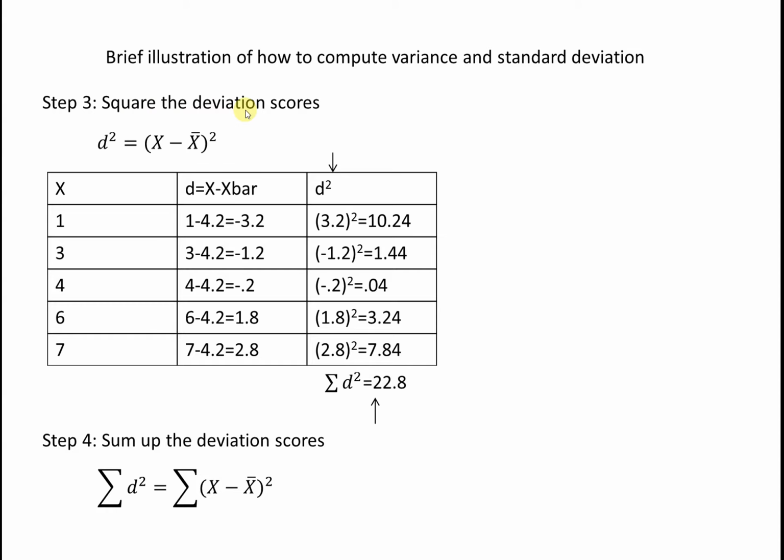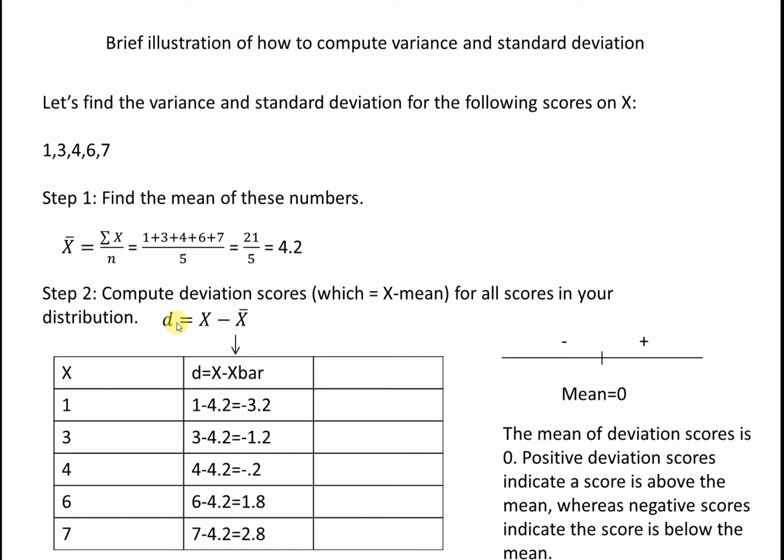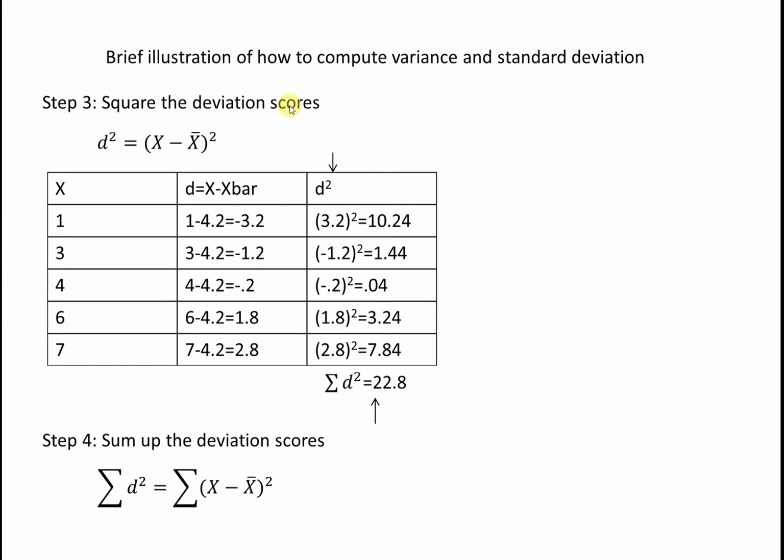So we square the deviation scores that we computed in this step right here. We're now computing d squared, where d is the deviation score, equal to x minus x bar, and you can see that's in parentheses with the square. This is just saying take the deviation score and square it, and do that for each case. So that's what you see in this particular column here.